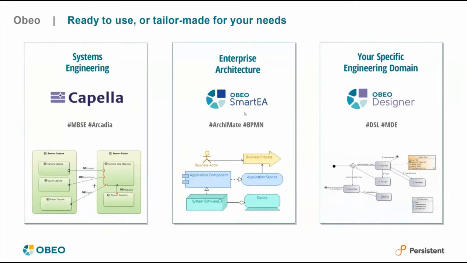So we have three main offers. The first one is dedicated to system engineering and based entirely on Capella, and we will present that in more detail later, of course. A second offer is dedicated to enterprise architecture based on our solution SmartEA, and a third offer is dedicated to domain engineering for other domains.